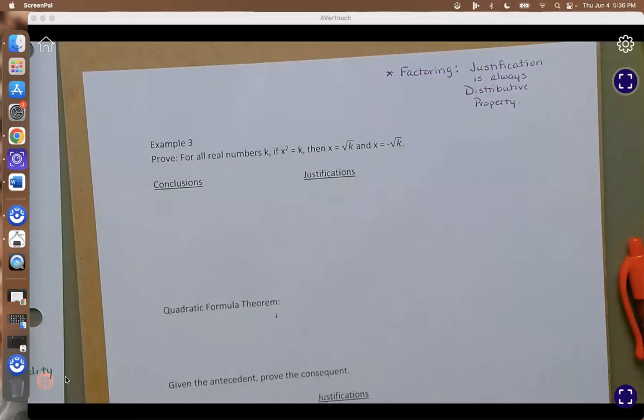So if you have to factor, then you go, oh, that's distributive property. Okay, so next one, for all real numbers, there we go.